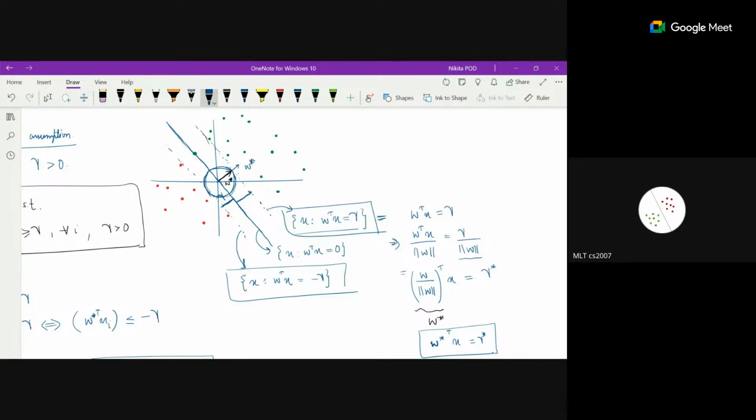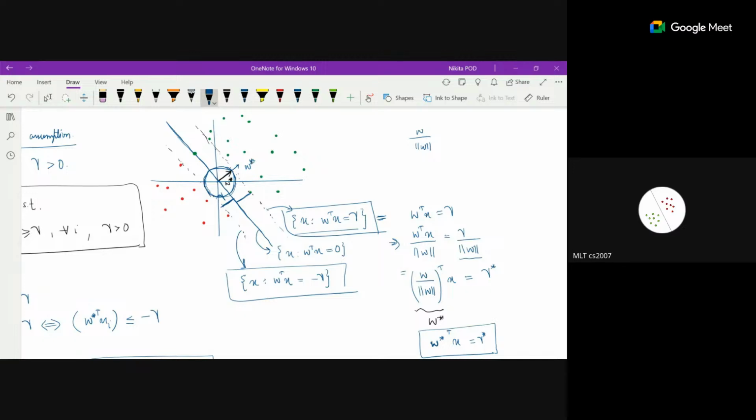Okay. So if I look at this line, this is basically saying that of all x for which W transpose x is gamma. So what I can do is divide both sides by the norm of W. When I divide any vector by its norm, it becomes a vector of norm 1, length 1, right?